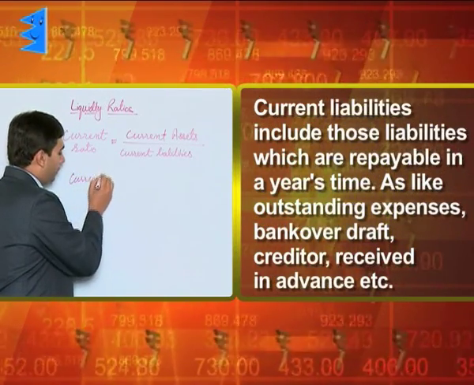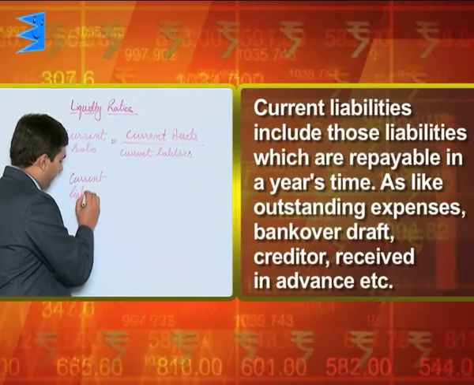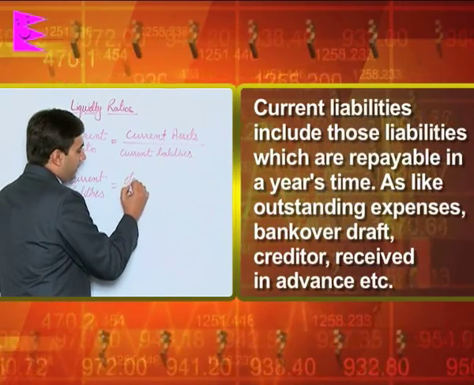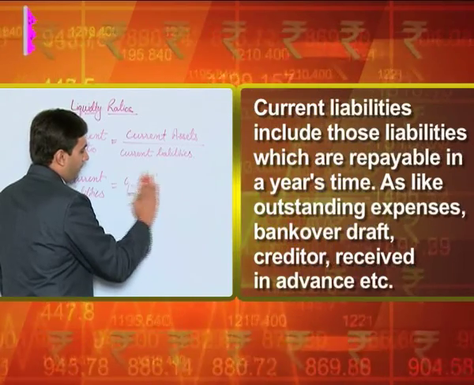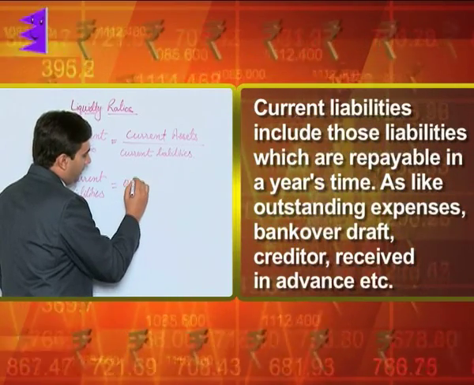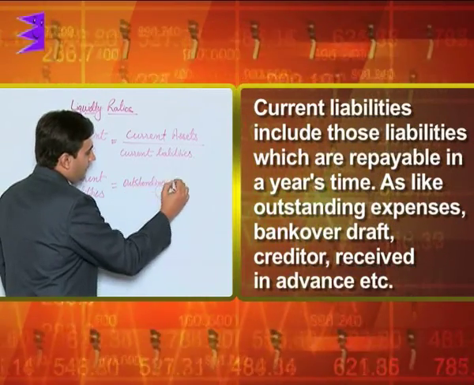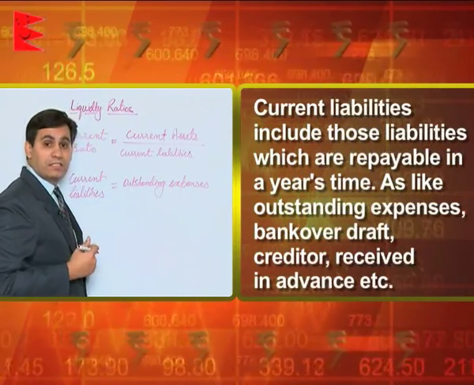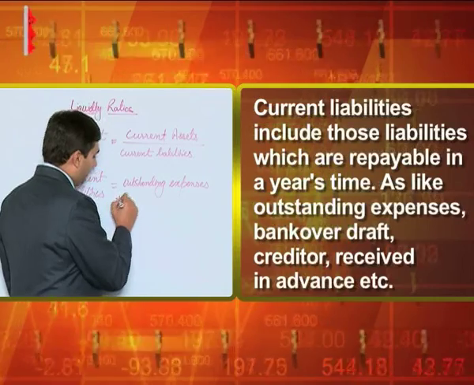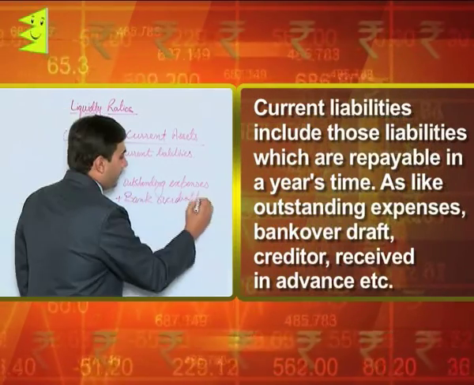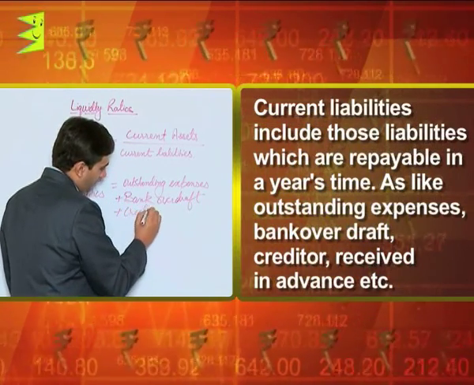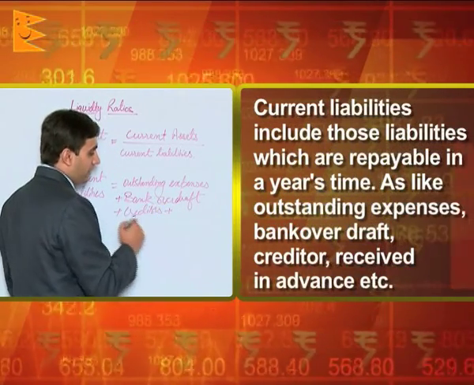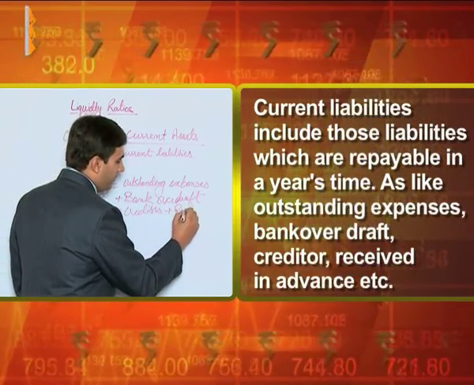So they include liabilities like outstanding expenses, we'll put it as complete word, outstanding expenses, something like outstanding wages or salaries which has not yet been paid, plus bank overdraft, creditors, then we can have other liabilities such as income received in advance.